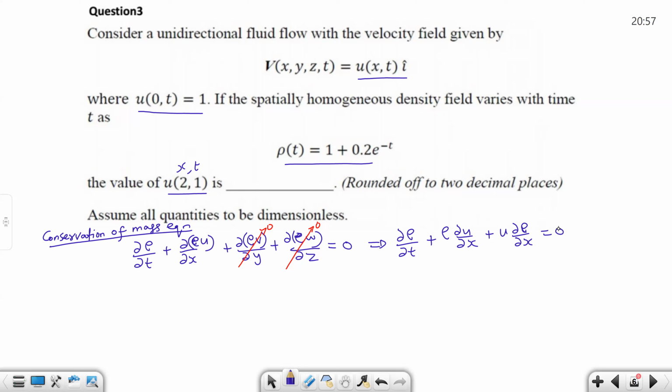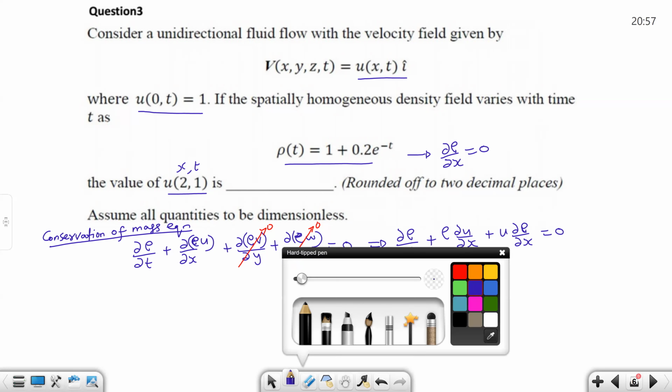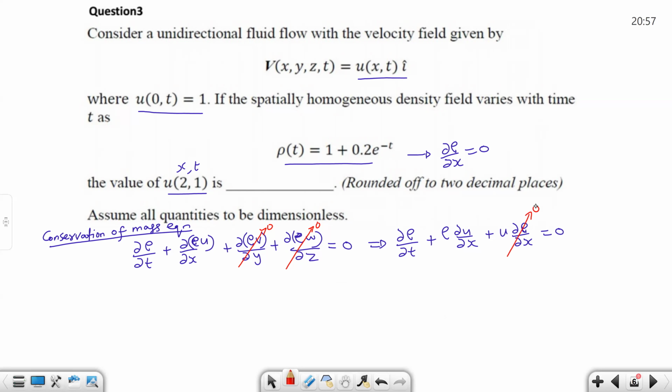As we know, the density is a function of time, so dρ/dx equal to 0, and that makes this term go to 0. So now from here, we can get dρ/dt equal to minus 0.2 e power minus t. This is dρ/dt.